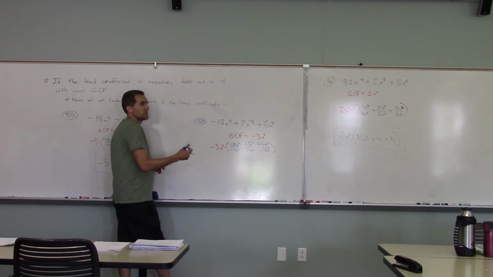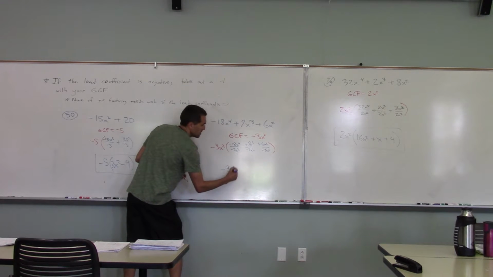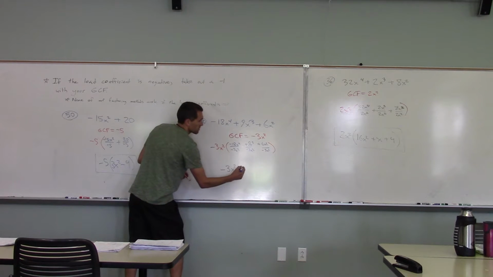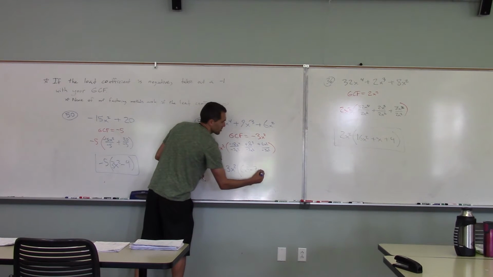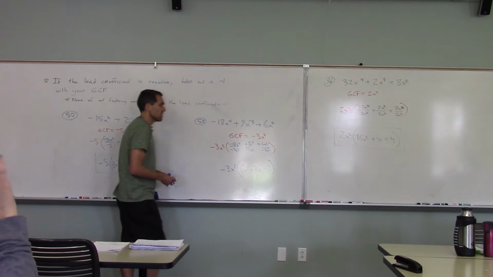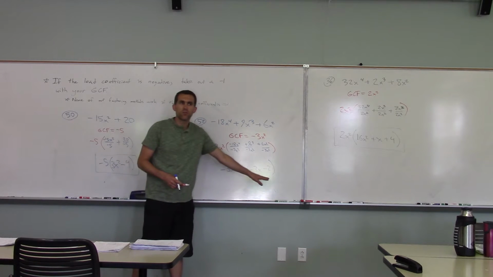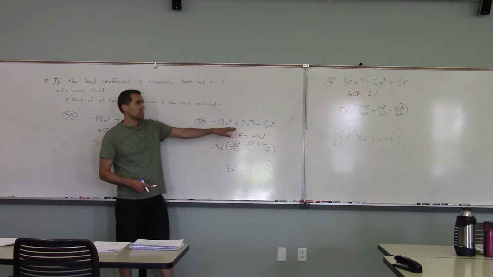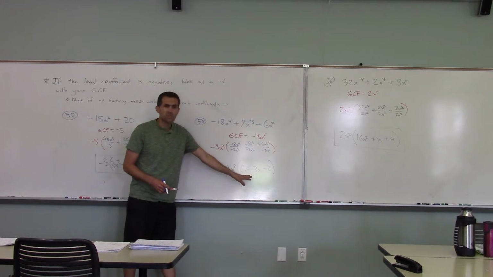If you skip the baby steps, you don't have anything to fall back on when things get more difficult. So that becomes positive 6x squared minus 3x minus 2. This is a problem we can absolutely factor with 6.3. We can't factor this if we don't take out the GCF, we have no method to factor it. That's section 6.3, that totally works.